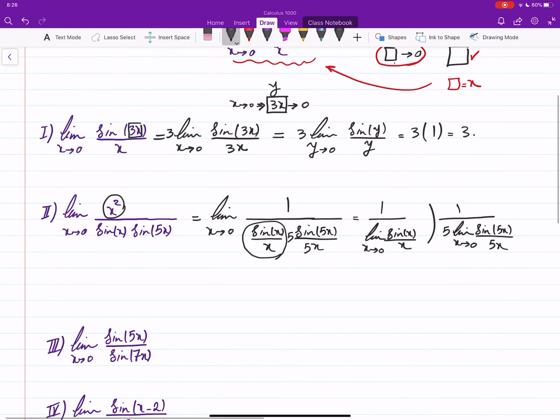And then you multiply these two. Well, the first limit is 1 over 1. This is exactly what we have there.